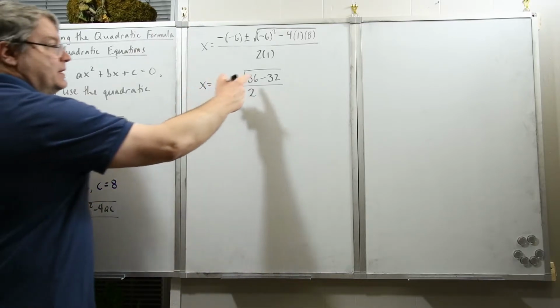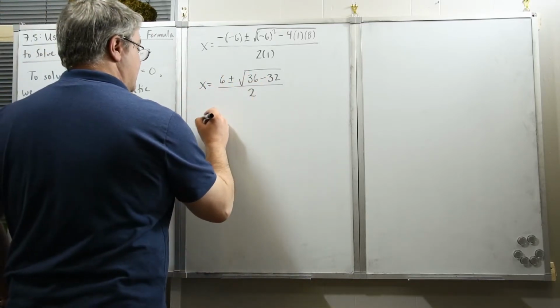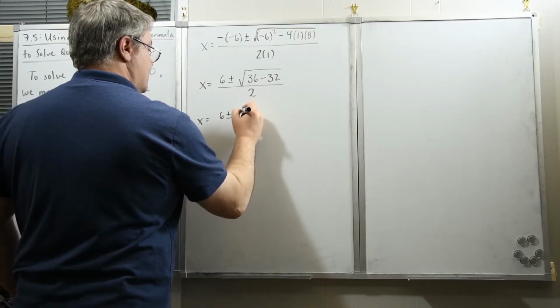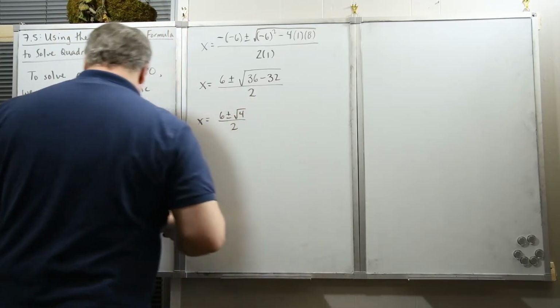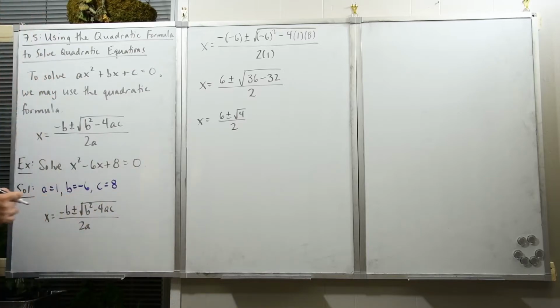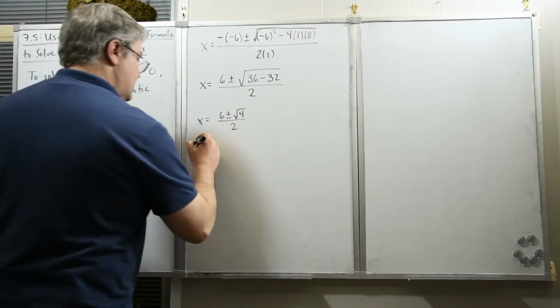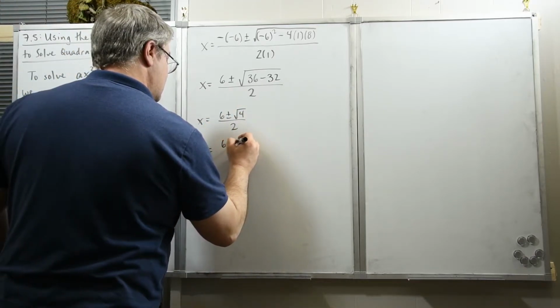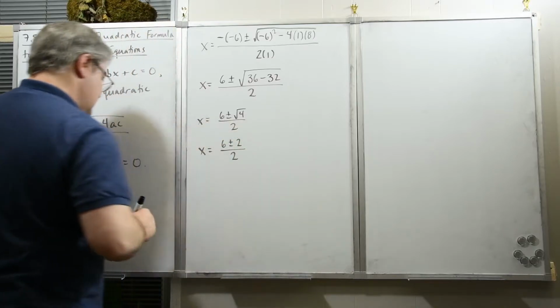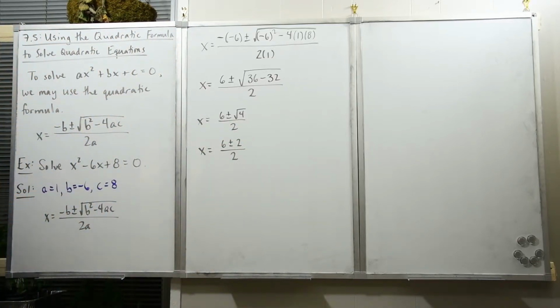Now, the 36 minus 32 is 4. And so we have x is 6 plus or minus square root of 4 divided by 2. But we know the square root of 4 is 2. And so that means that you have x is equal to 6 plus or minus 2 divided by 2.